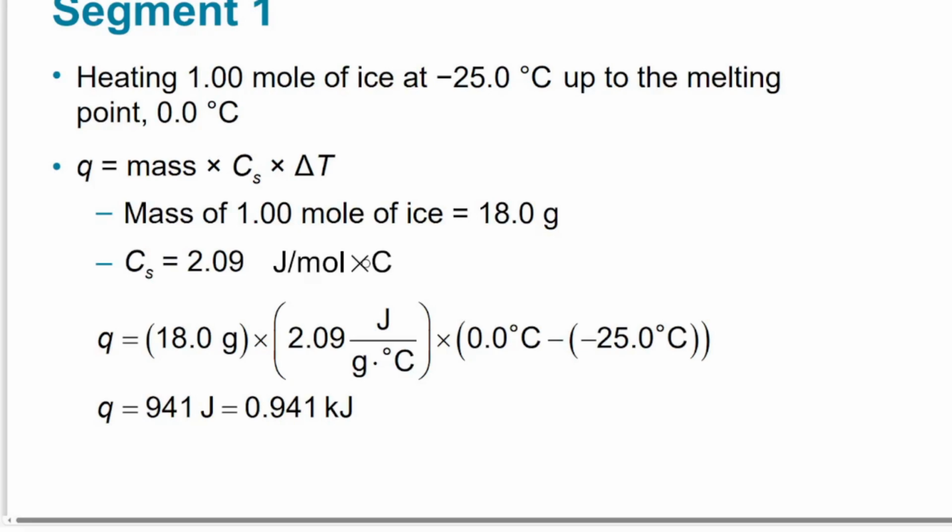The mass of 1 mole of ice is 18 grams, so if we're heating 1 mole, our Q would be equal to 18 times 2.09 times T sub F minus T sub I. That's our final temperature minus our initial temperature. The final temperature is 0 and the initial temperature is negative 25. So our Q comes to 0.941 kilojoules.